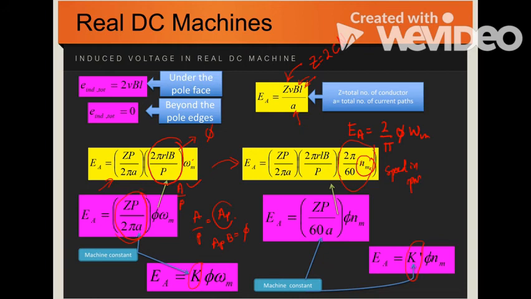But anyhow, we can see that the induced voltage is determined by the machine constant, the total flux in the machine, as well as the speed of the motor.